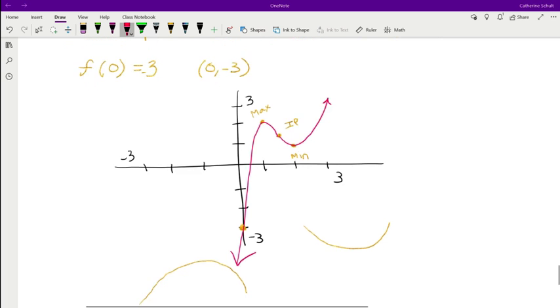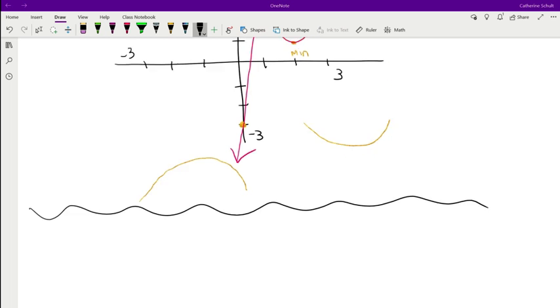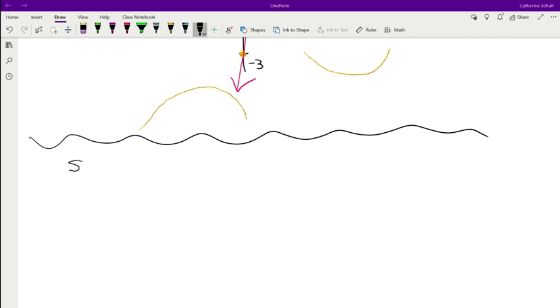All right, so let's talk about second derivative, and then we'll graph a more complicated function. So we're going to talk about something called the second derivative test. And the second derivative test has the same outcome as the first derivative tests. It tells us about local mins and maxes.